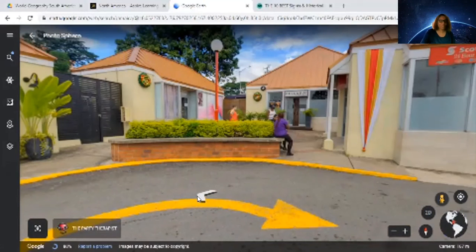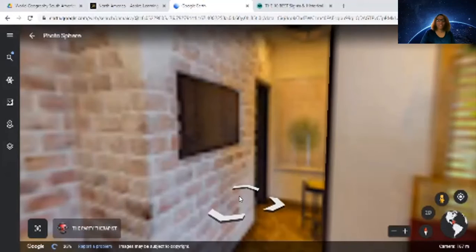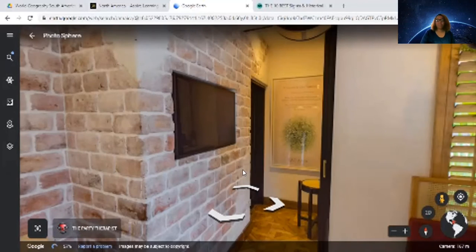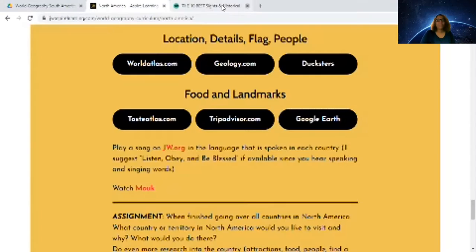Some people, maybe it's possible. Whenever you see arrows, you can start clicking on the arrows and drag it all around. But see, my processor is being so slow. Sometimes you can even go into buildings. So here's a building it looks like you can even go into. That's pretty cool. But yeah, just play around with that.